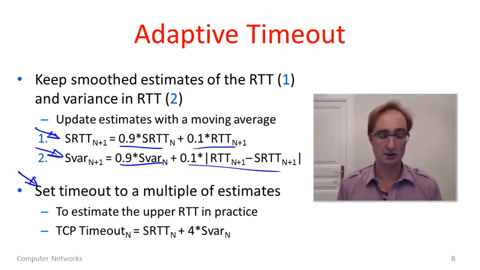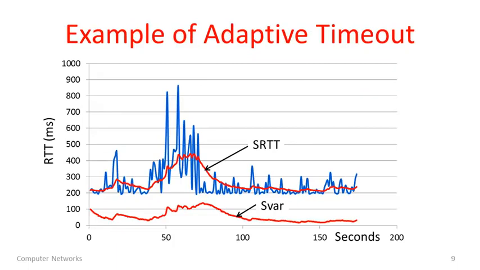Well, let's see how this works. Okay, so the blue curve here is our data, and I've overlaid 2 other computations based on the data. This higher line here is the smooth round trip time. You can see that it tracks the blue line just without all of the extrema, so it's the smoother line in the middle.